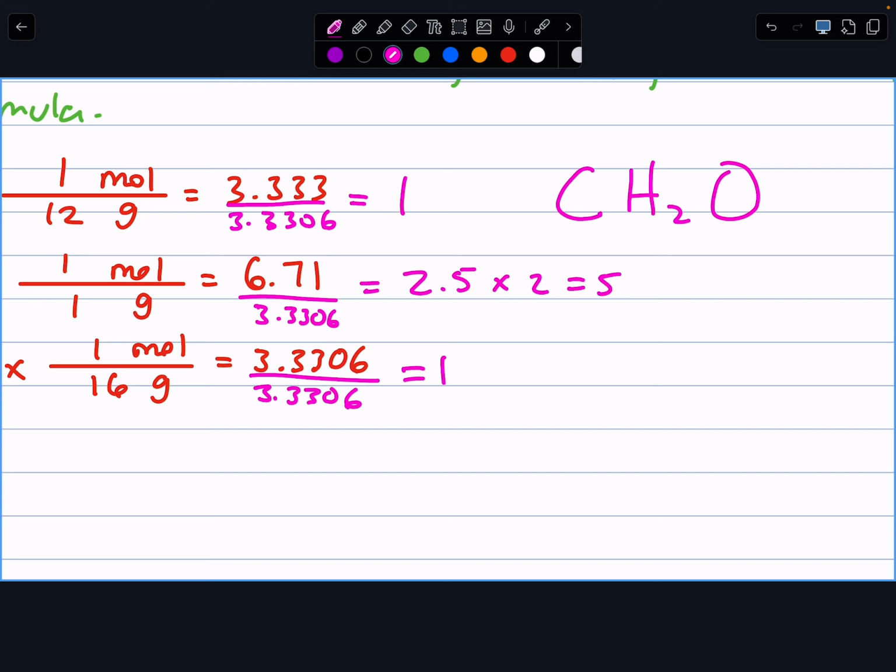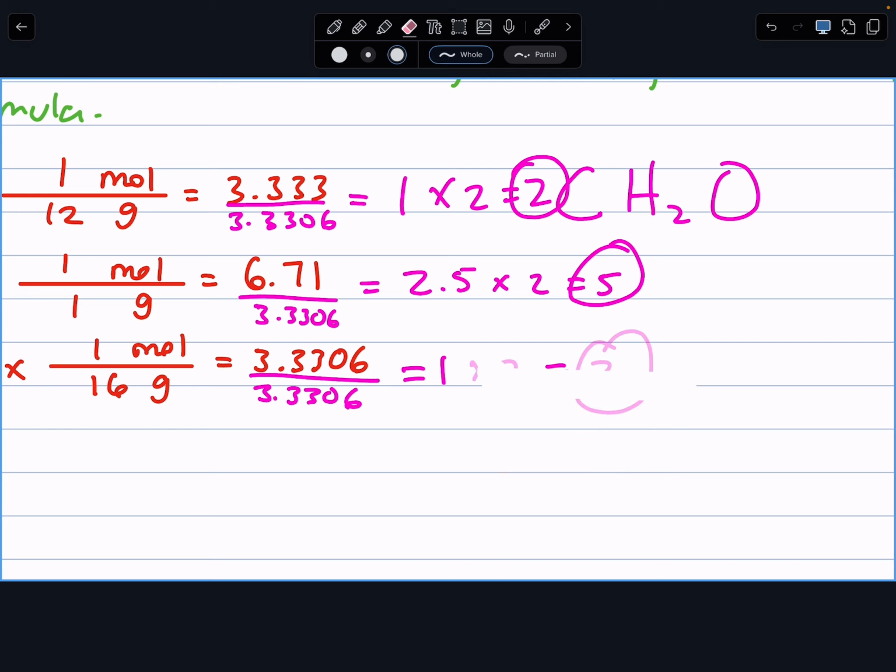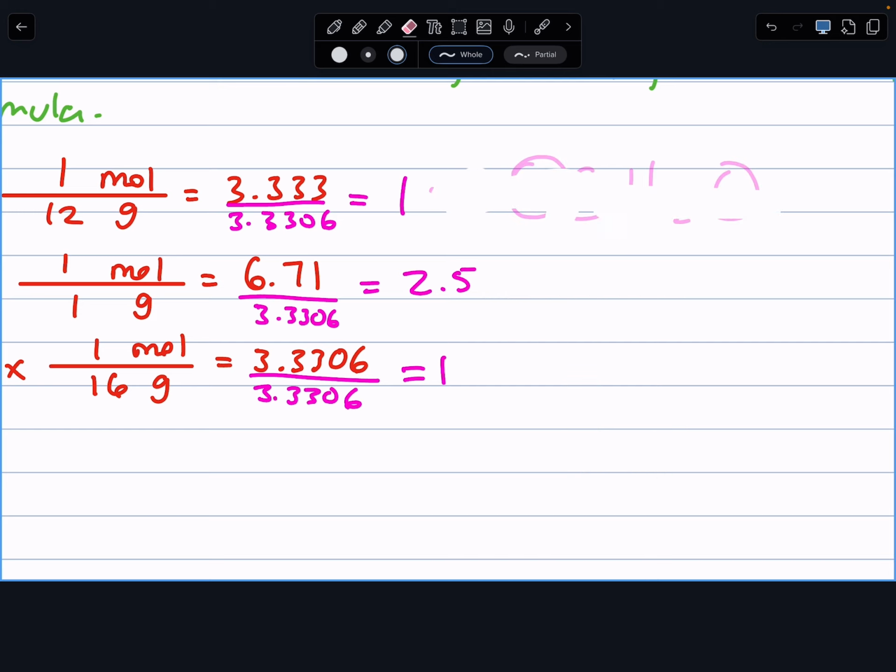If I multiply that by 2, I have to multiply that by 2, and I have to multiply that by 2. So my new answer would be C2H5O. So it doesn't have to be even? No. It does not have to be even at all. There's a question like this one on the quiz. Okay, what if I gave you one like this, where I said 2.3?